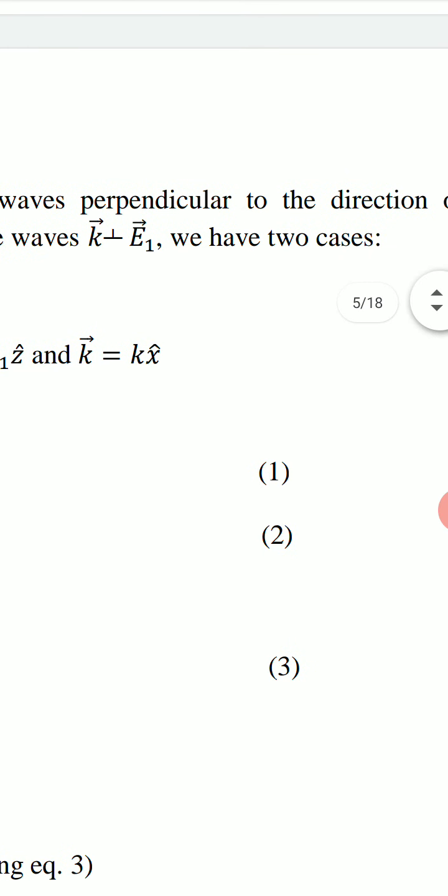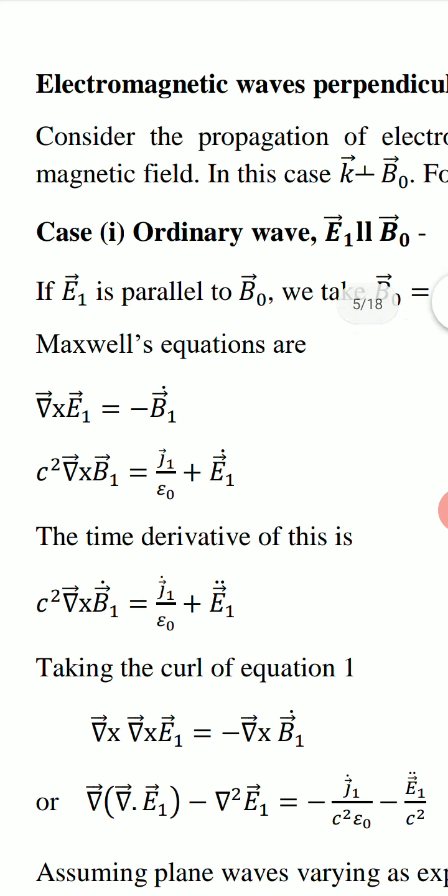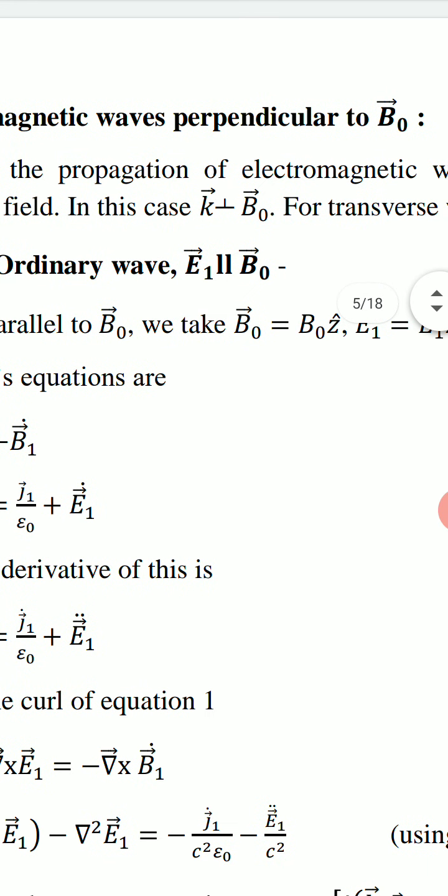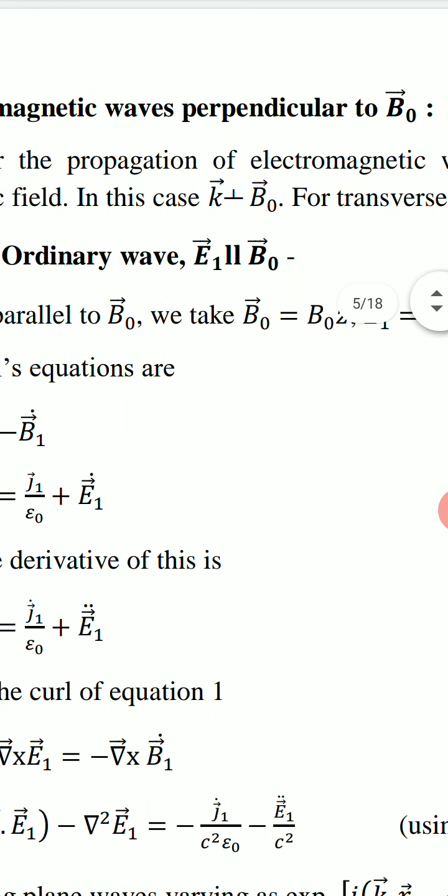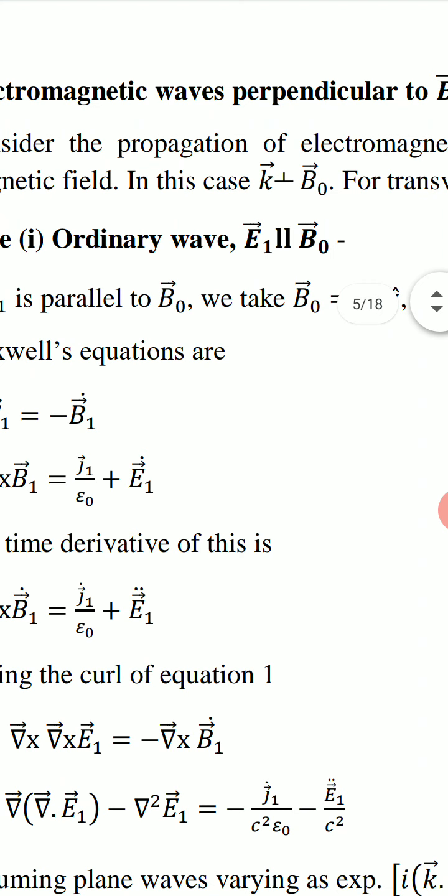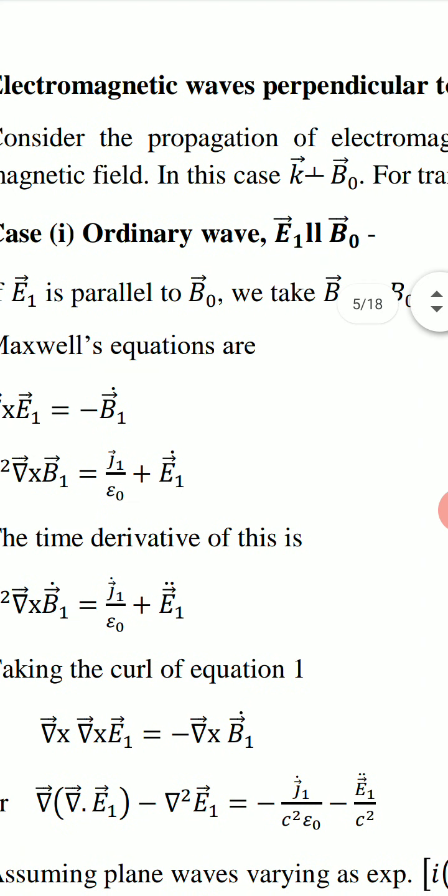Now we have two cases. Case first is for ordinary wave when E1 vector is parallel to B0 vector, and case second will be extraordinary wave where E1 vector will be perpendicular to B0 vector.